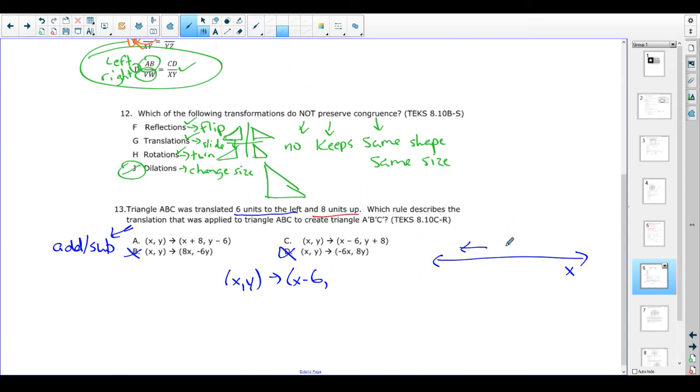If it says 8 up, y goes up and down. And if you're going up, y is increasing. That's y + 8. Then we match that to an answer, (x - 6, y + 8). That's answer C, and we're done. So if you remember which way the number lines go, you can find the rules for translations.